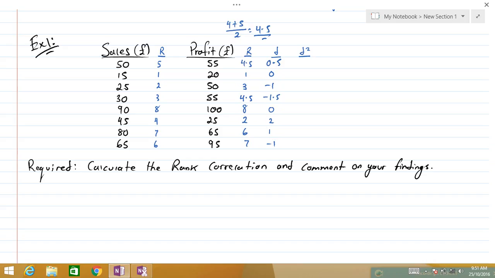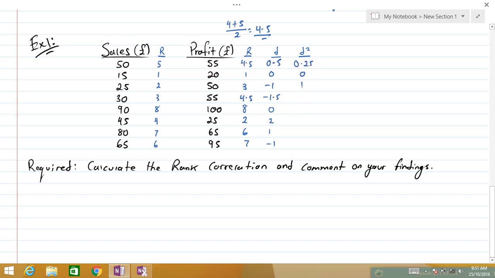Now 0.5 power of 2. How much you get? 0.25, right? Then 1.